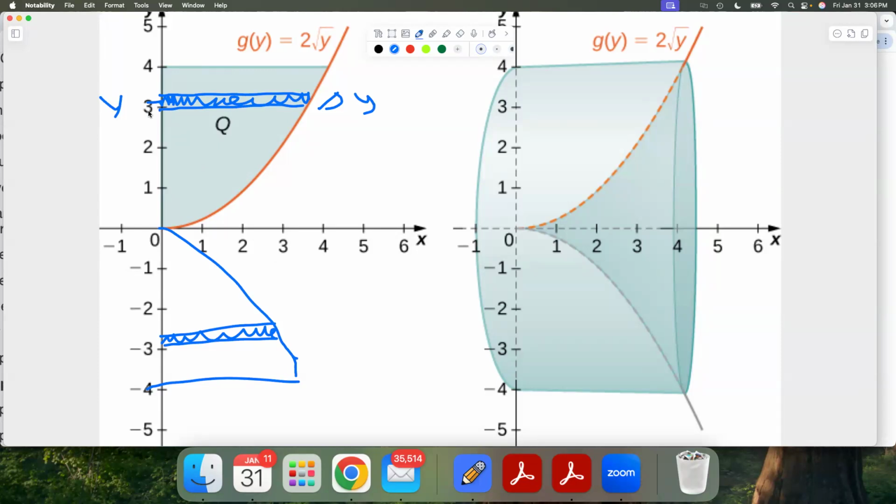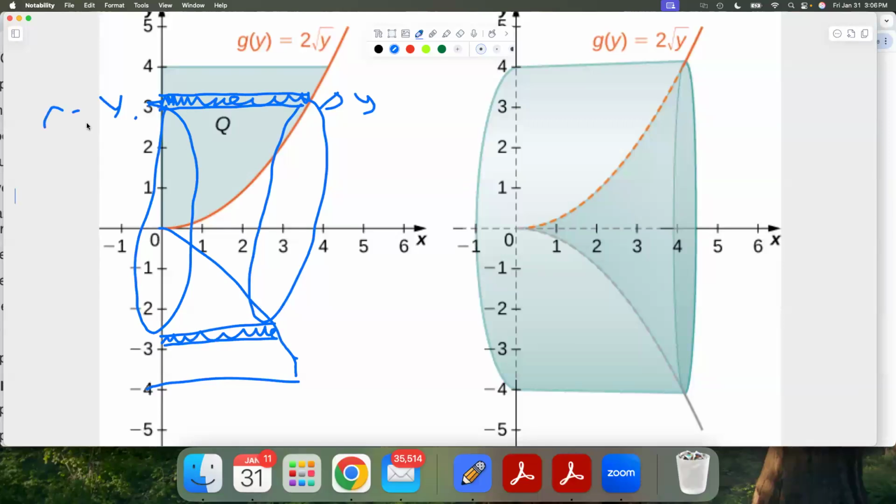Okay. So the radius of that shell, here, maybe I'll try to draw in this shell. That was terrible. The radius there is just that y value that we picked.